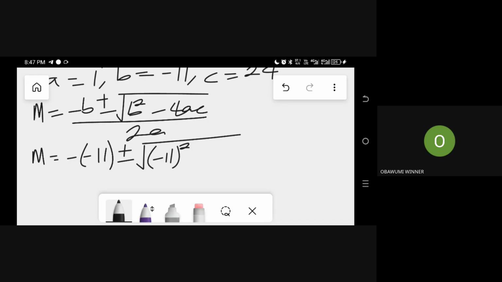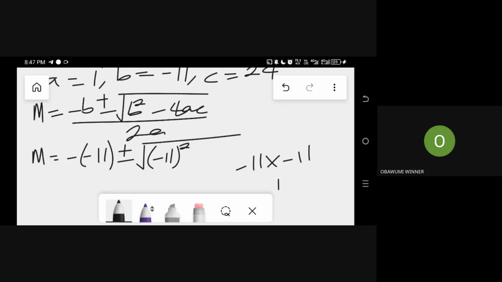We talked about this the other day. I told you don't punch minus 11 squared directly on your calculator. It will give you a negative number as a result. So when you're using the calculator, you have to put minus 11 in a bracket, close the bracket, then raise it to 2. Because what it means is minus 11 times minus 11.